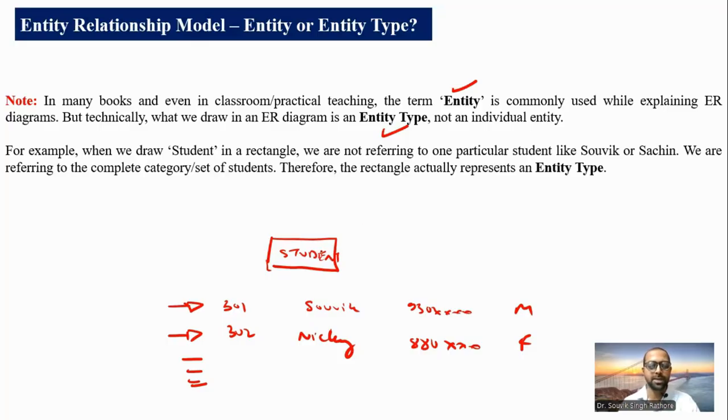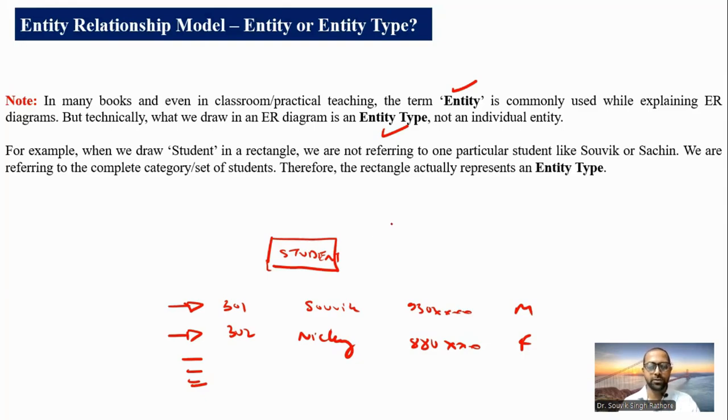Similarly, student is an entity type, but Souvik or Nikki or Rahul or Priya or even Amit is an entity. That is why in an ER diagram, every rectangle represents an entity type, not one individual entity. However, since everyone understands the meaning from the context, many books simply say entity instead of entity type.